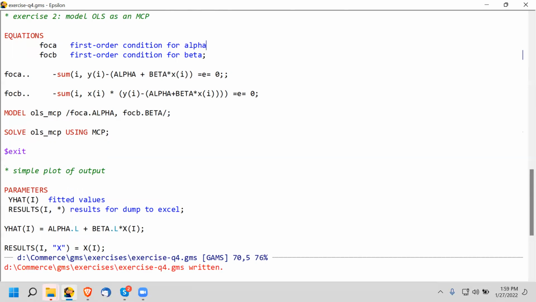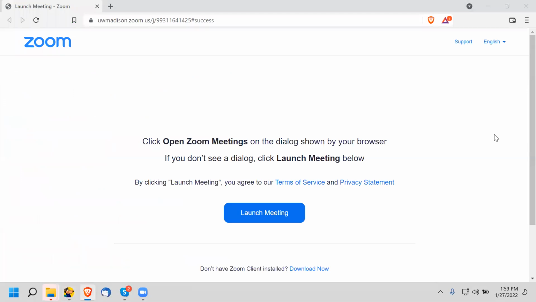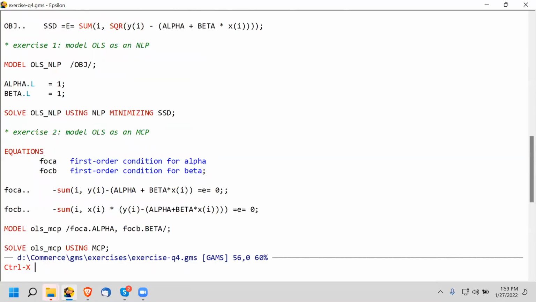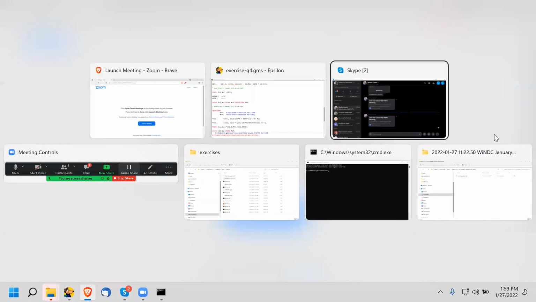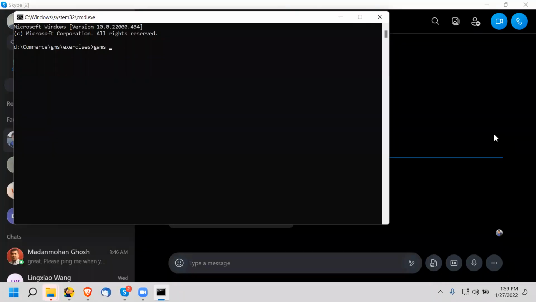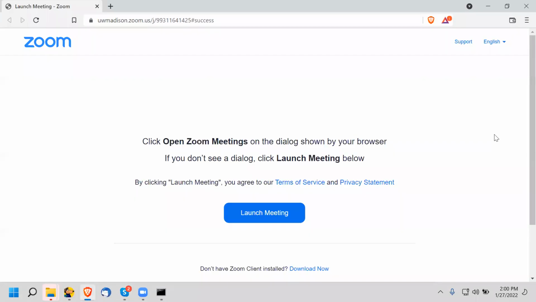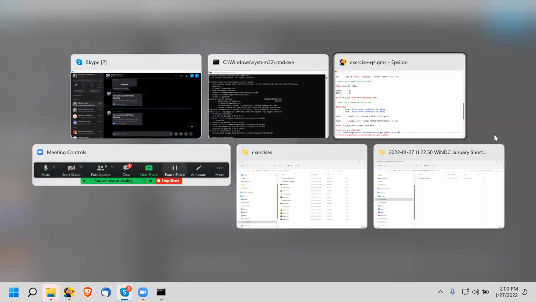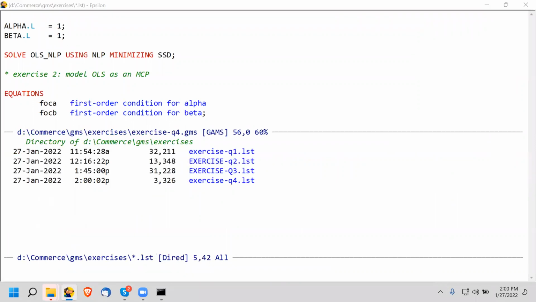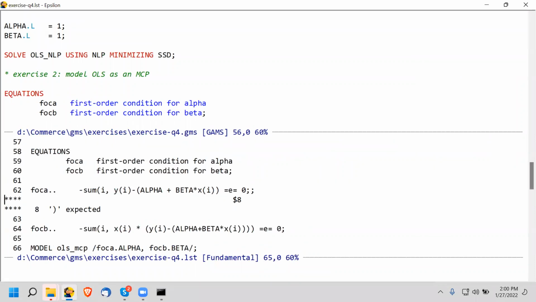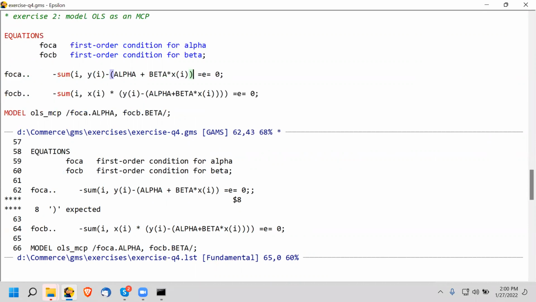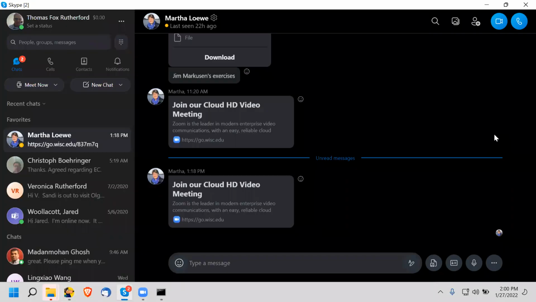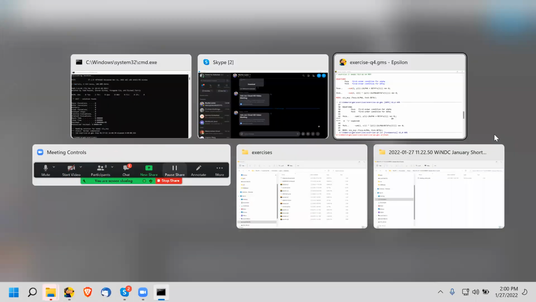Now let's look at the solution we have here.